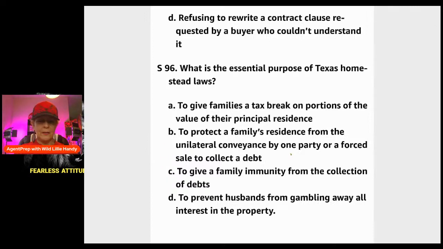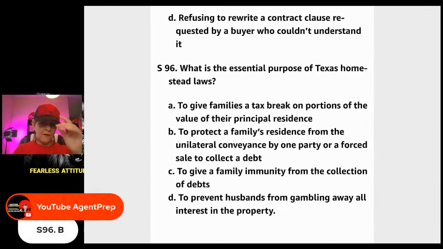If it's a married couple, both have to agree, okay, to a homestead sale. And it's a two-sided, it's a bilateral transaction, right? So unilateral conveyance is just one party conveying it instead of both.